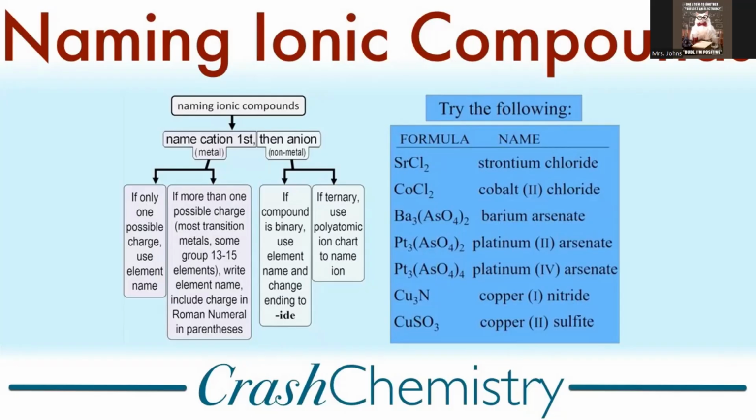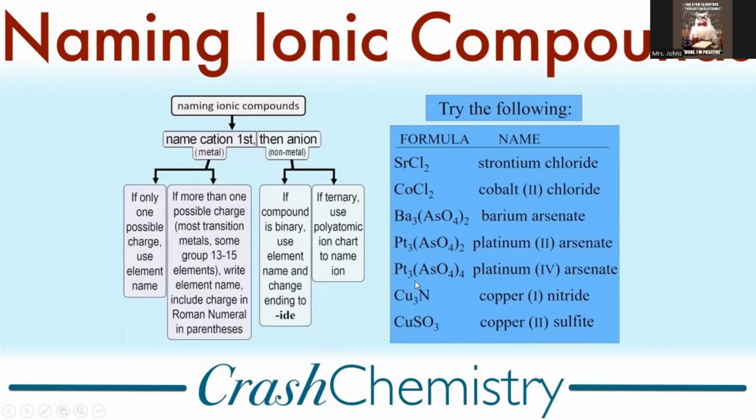Platinum arsenate. So platinum has a 2+ charge as well. It's number 78, right in the middle of the table. So it has a 2+ charge, and the arsenate still has the -3, so the same as the barium arsenate.